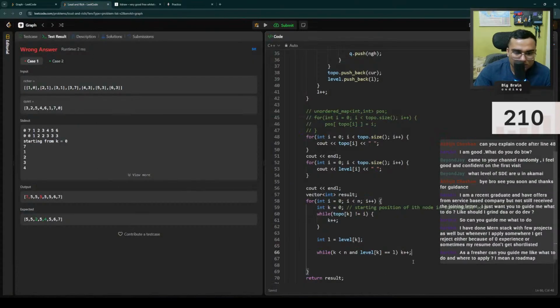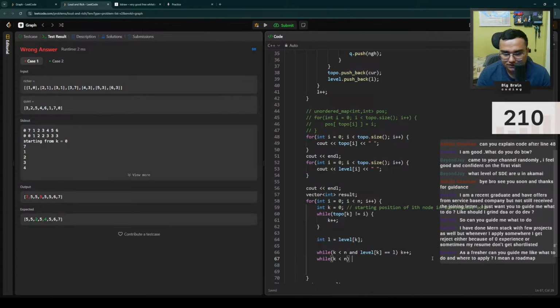Okay, so we were here. Now K is at a position where the level is more, right? So I just need to look through these K values.